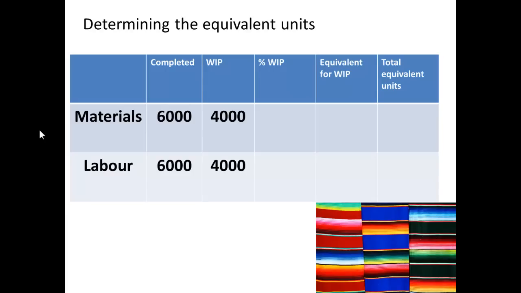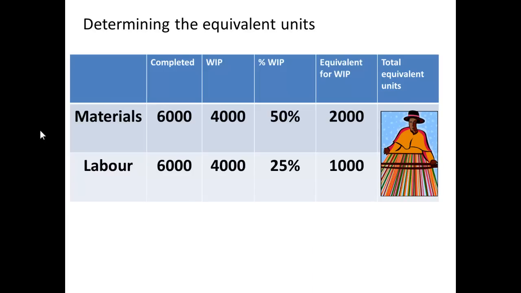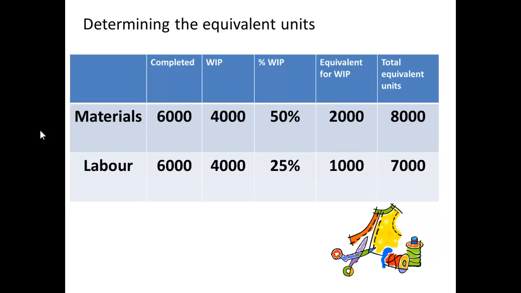So first of all we'll determine the equivalent units for the work in progress. We have 6,000 completed, 4,000 work in progress. So the 4,000 work in progress is 50% complete, so the equivalent units for the work in progress are 50% of 4,000, that's 2,000. In the case of the labour, the 4,000 which are work in progress are only 25% complete, so that's 25% of 4,000 gives us a 1,000 equivalent for work in progress.